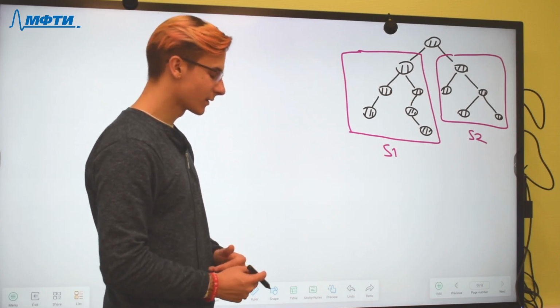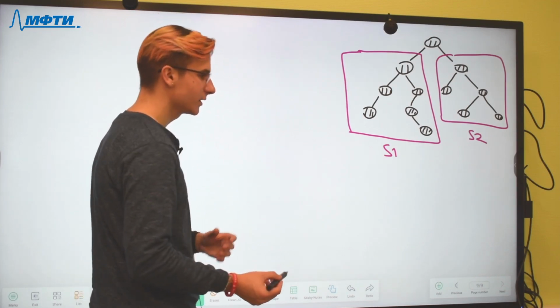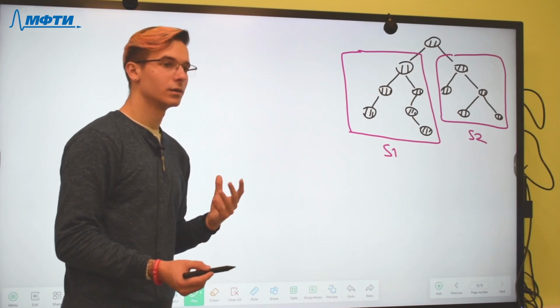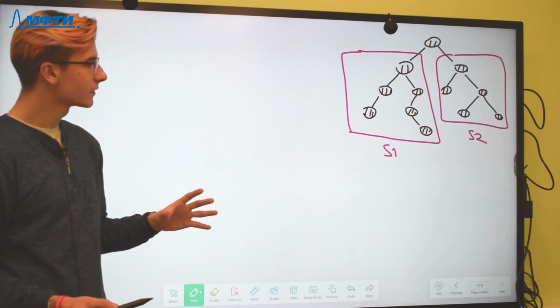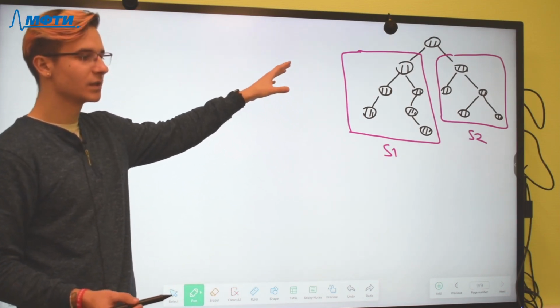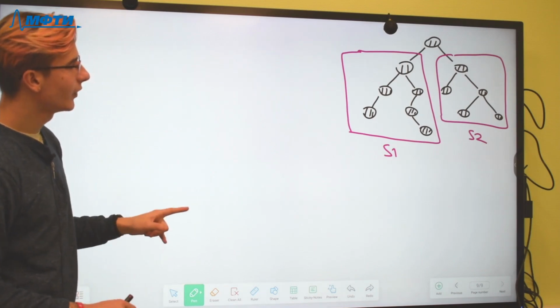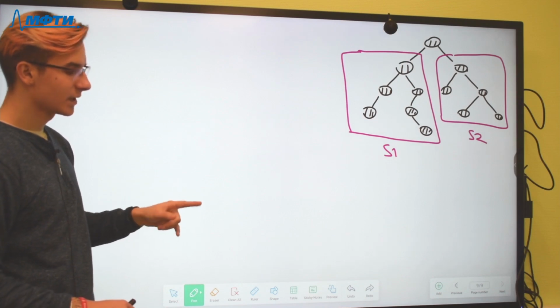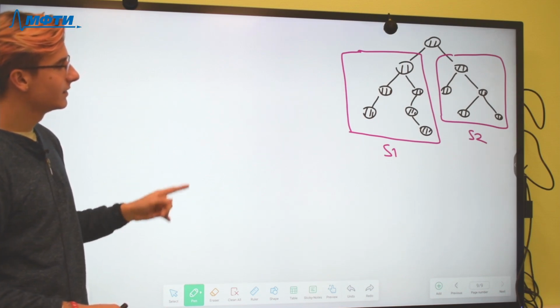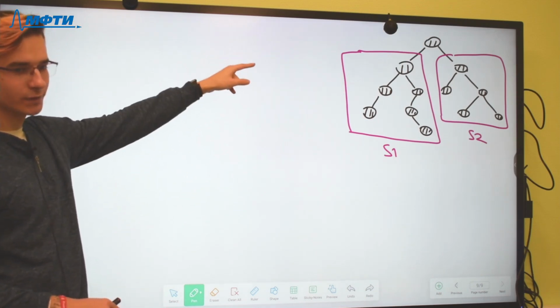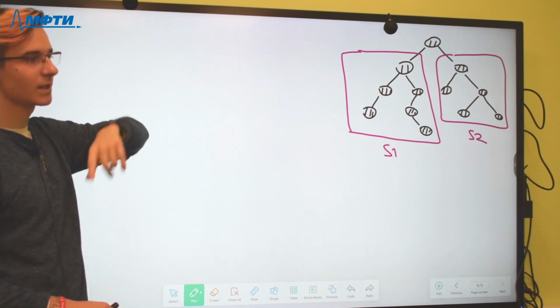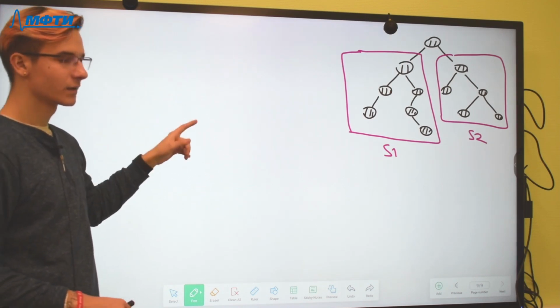We can see that there are two distinct cases of independent sets in the subtrees. One case is when we find an independent set that doesn't contain the root, and the second case is an independent set that contains the root.